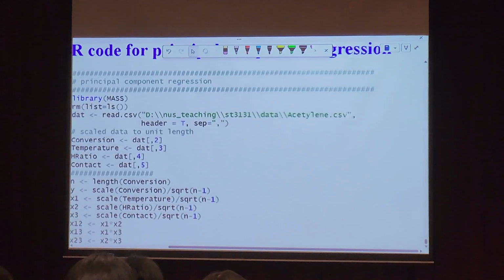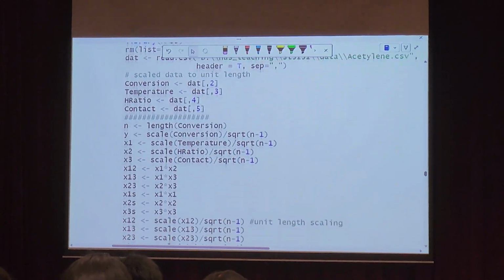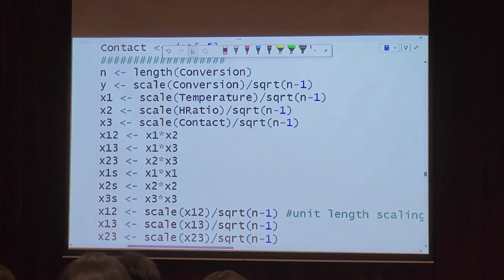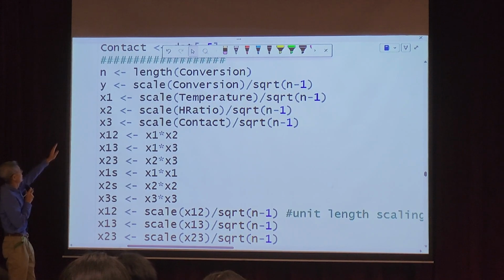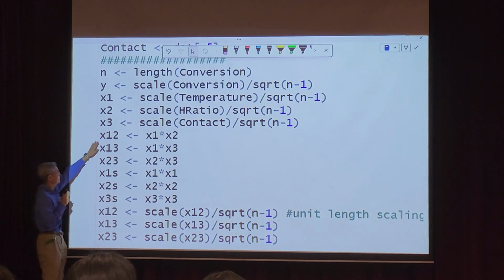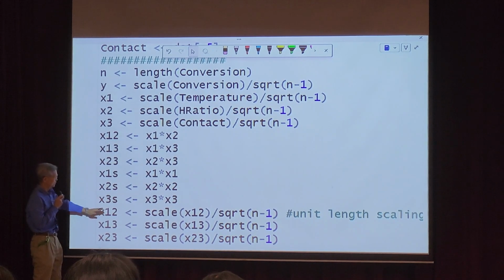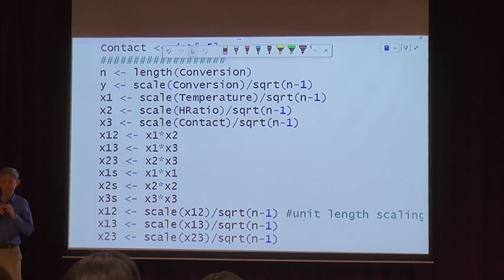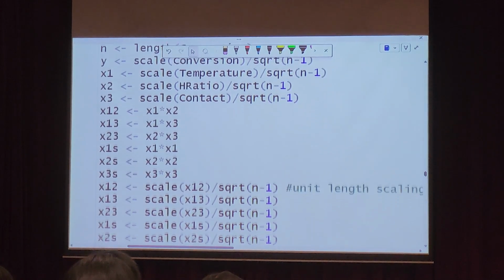So let's take a look at this R code. Let's just start from here. So I have n sample size. Y is scale, x1 is scale, x2 scale, x3 scale. Then I calculate all the rest. Then I scale every one of them. Can you follow? That's what I did.